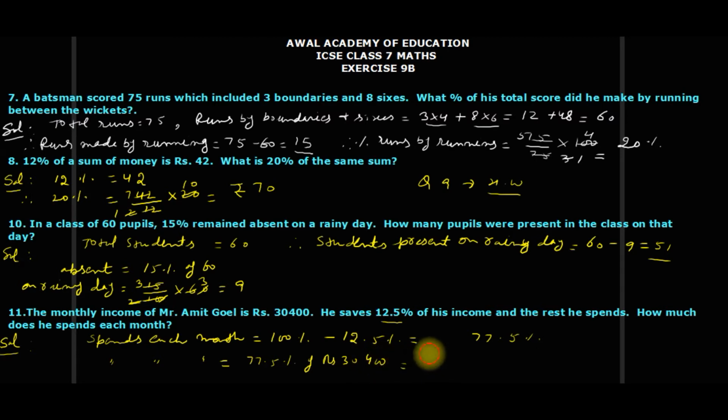So this would become 77.5 upon 10 for this decimal and 100 for percent, multiplied by 30,400. 0 cancels this, and 5 twos are 10, 5 threes are 15. Now we will multiply 155 and 152.